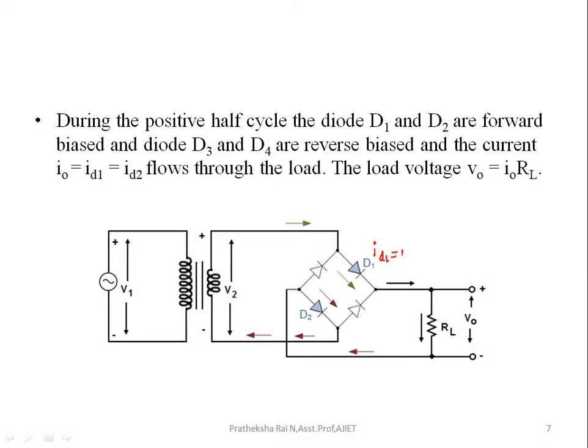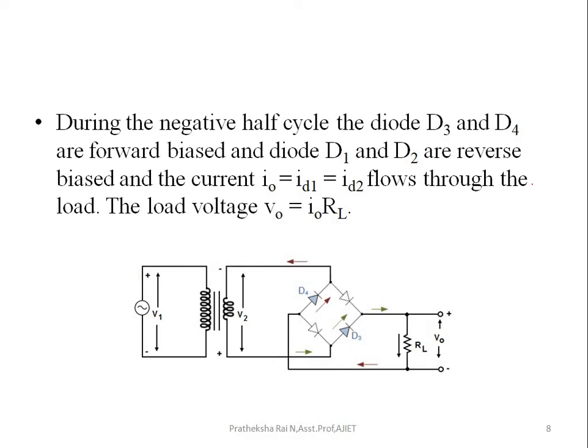Or for D2, the current flowing is ID2, which is also the same. So I0 equal to ID1 equal to ID2. The load voltage is given by V0 is equal to I0 into RL, that is Ohm's law.